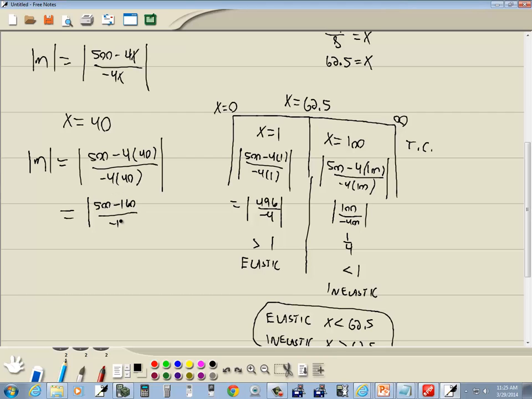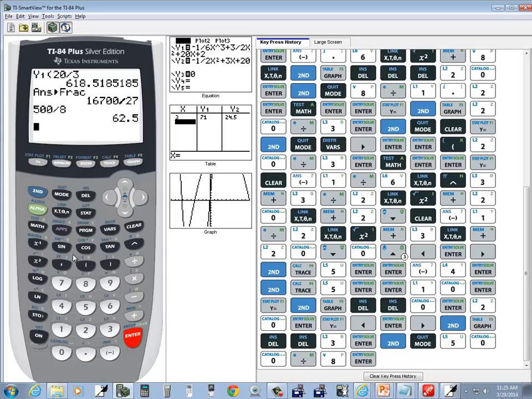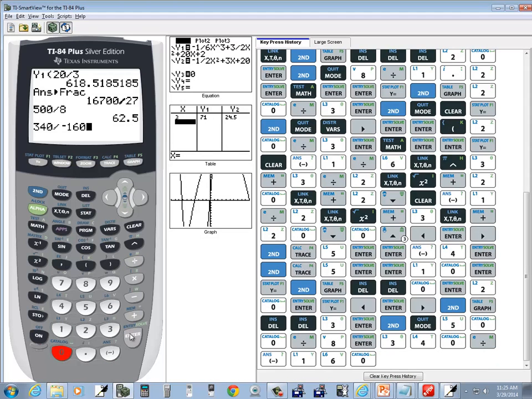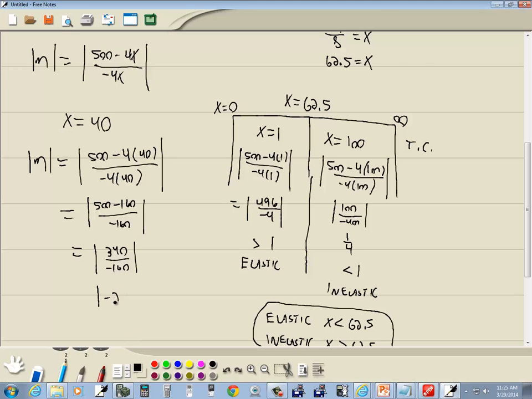That gives me 340 over negative 160, and I'll be lazy here. 340 divided by negative 160 gives us negative 2.125. That's eta, and if I took the absolute value of it, I'd have a positive 2.125.